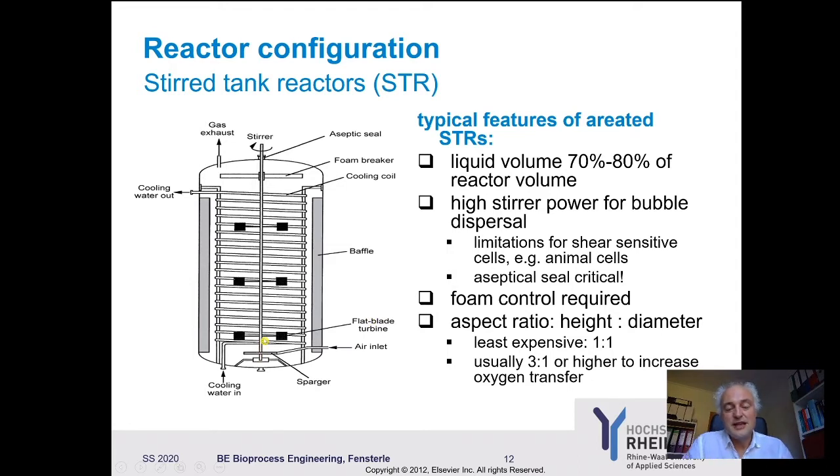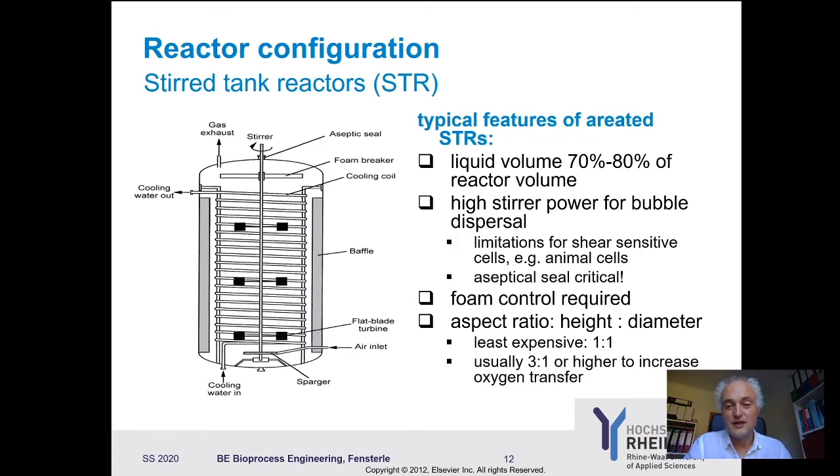And a design parameter you have in this is the ratio between the height and the diameter. And of course, the least expensive is the one with the lowest surface, because the steel is your cost at the end. Usually what you use is ratios of 3:1, so they're higher than broader. That's easier to put in your plant, first of all. And second, it increases oxygen transfer, because the liquid pressure at the bottom is higher, and of course the higher pressure simply increases the oxygen transfer.